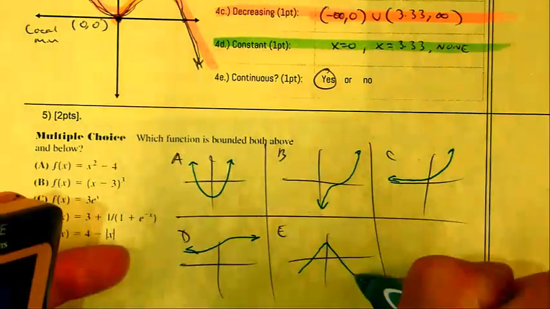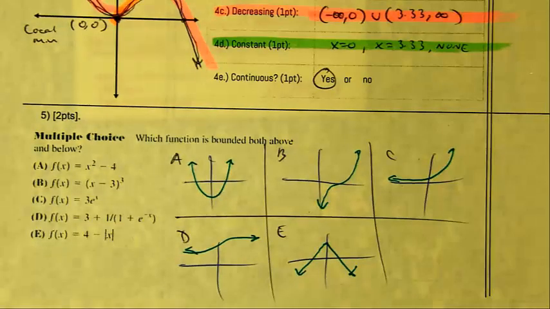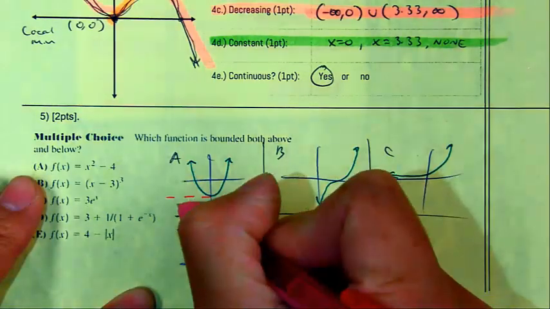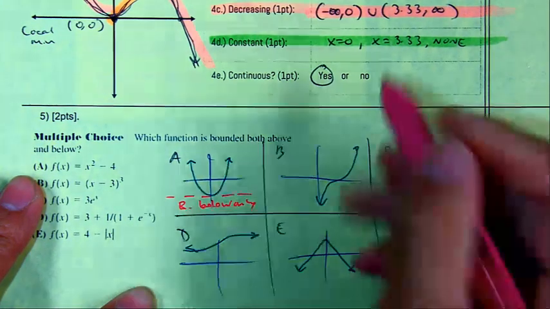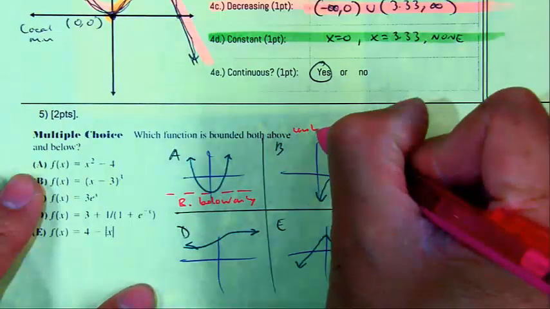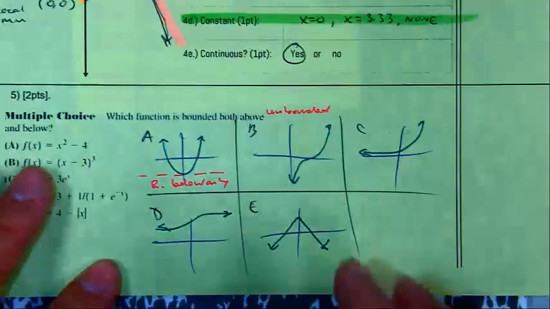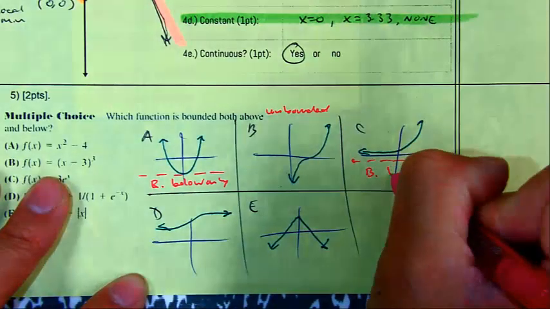Okay, so you have these graphs, and you should have recognized this again by the parent function. So this one is bounded below only. This one is unbounded, because it's not bounded above, not bounded below. This one looks like it's bounded below only.